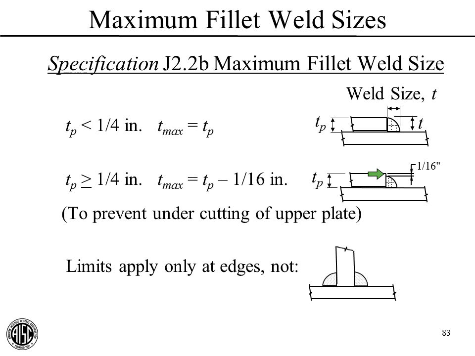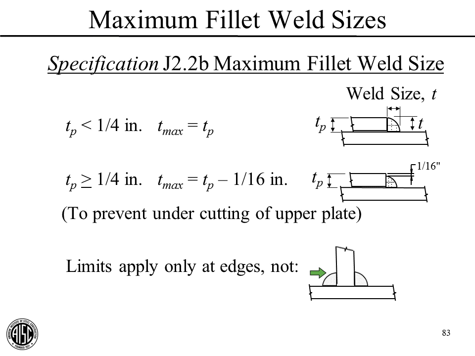Now, with smaller plates, we're likely to get the effective throat that we want anyway. So it doesn't matter there. This is sometimes called undercutting the upper plate. This is what we're trying to avoid there. Finally, one bit of confusion that happens sometimes is this limit only applies to edges. It doesn't apply to a condition like this, like a T-joint.